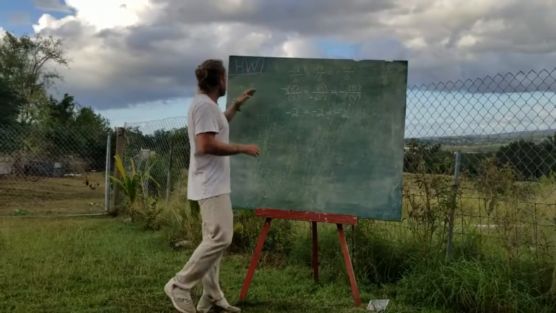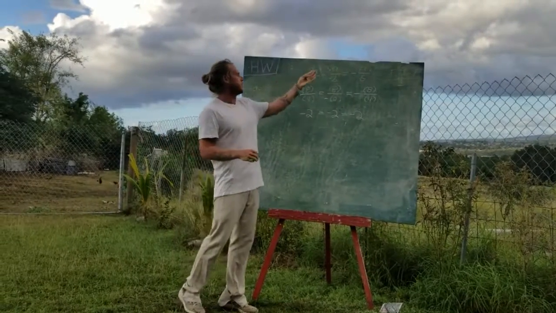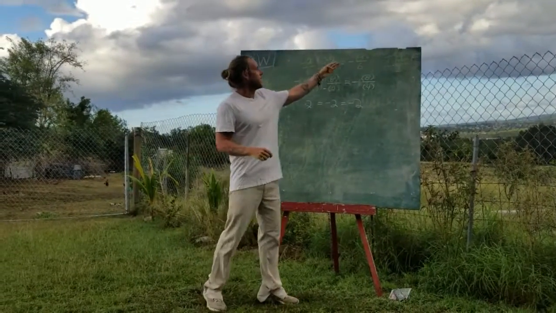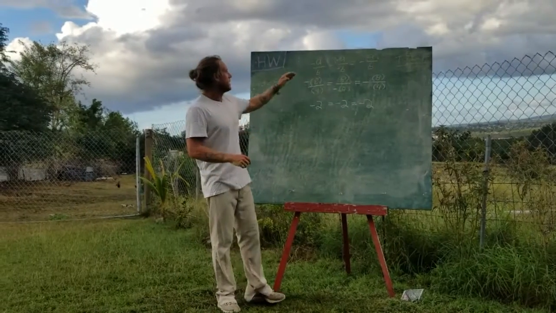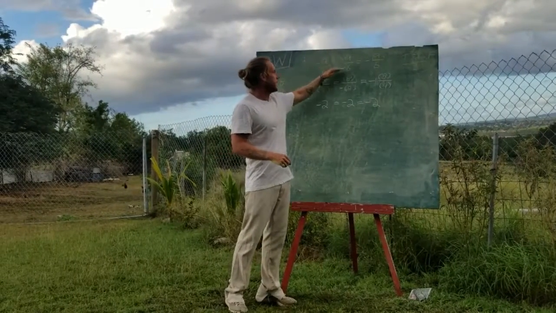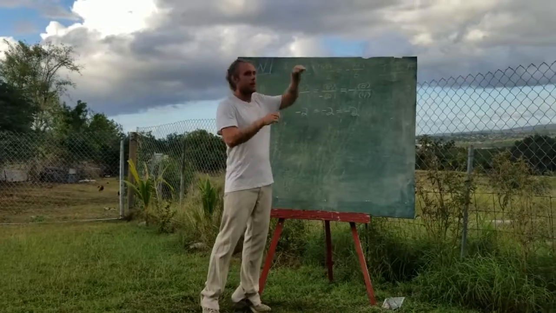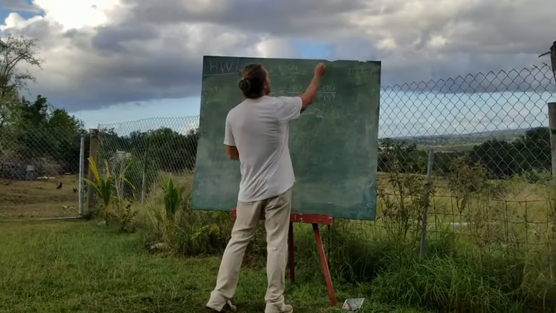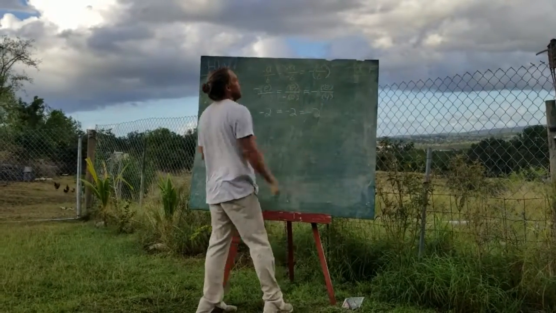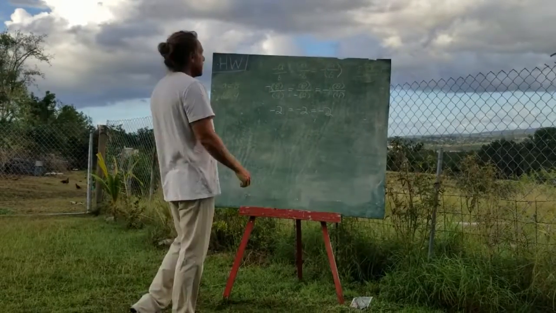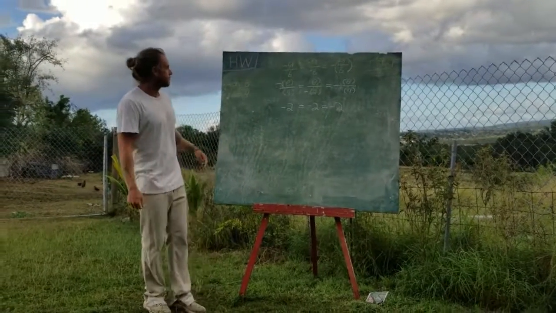So based on assigning numerical values to these variables, these are equivalent statements. Negative a over b is equal to a over negative b, which is equal to negative a over b. Or we could write this as something like that.